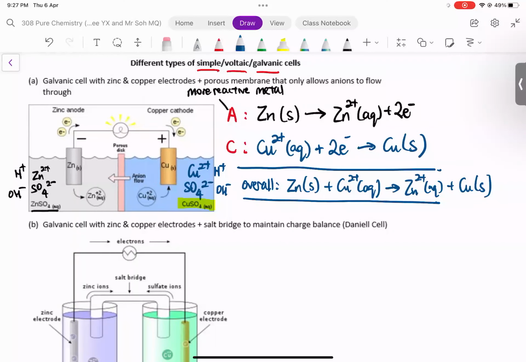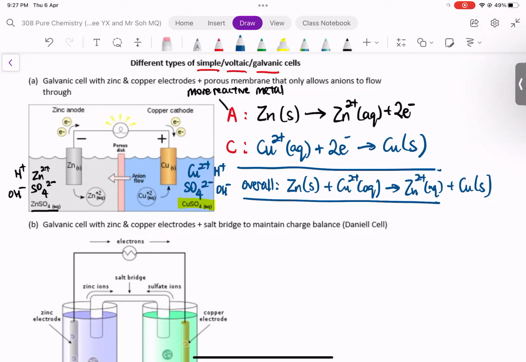Now, why do we usually do this? Why do we bother to make the electrolyte different on both sides? There are a few possible reasons. One possible reason that Mr. So can think of is sulfuric acid is acidic. It may not be so safe to handle, especially if this needs to be inside some device, some appliance.